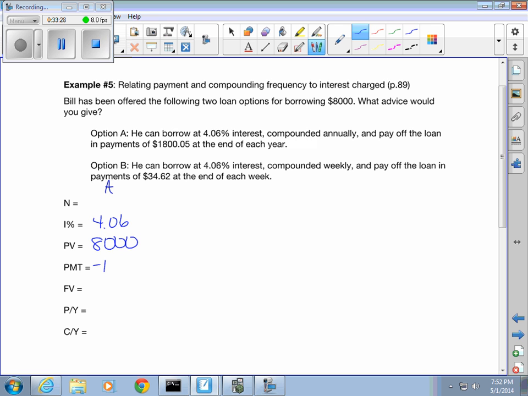He's making a payment of $1,805. I mean, future value, we want it to be 0. Payments per year, it says he's doing this at the end of each year, so once. And compounds per year is 1. So we want to find out what the N is.